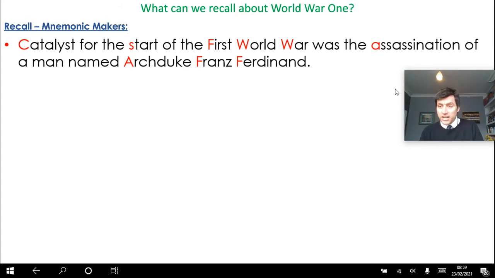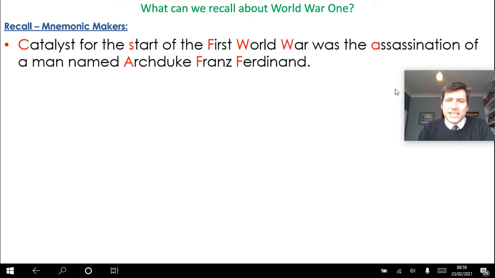Because they were allied together, the Triple Entente of France, Britain, and Russia had to fight against the Triple Alliance of Germany, Austro-Hungary, and eventually Italy. That event was the catalyst, the event which started the problem off.